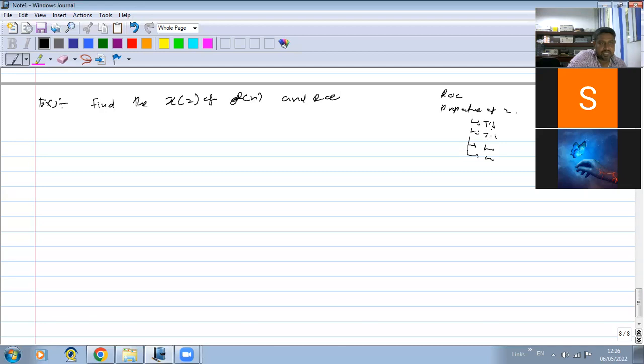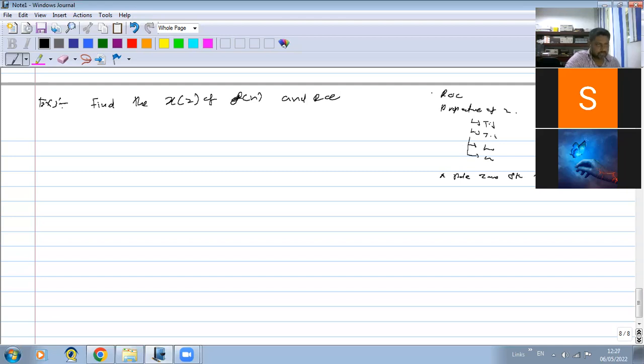There are around 5 or 6 properties. And we also have to know about the pole zero plot of the z transform sequence. I hope we couldn't do that part.